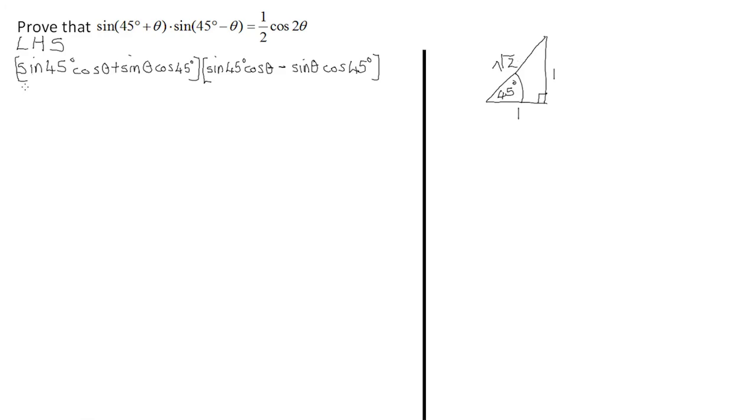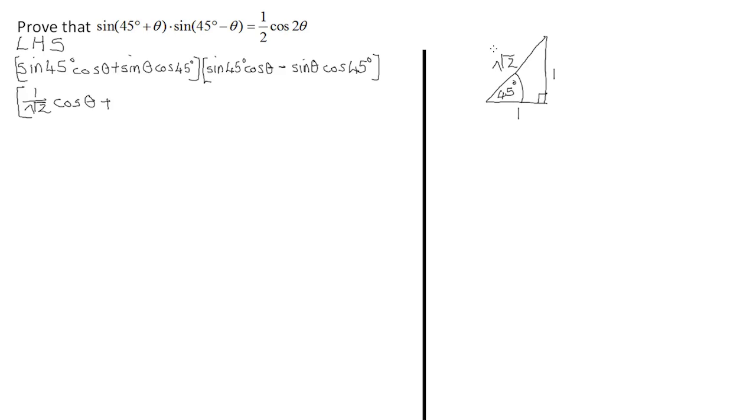Now I'm going to substitute the values of sine 45 and cos 45. This will give me 1 over the square root of 2, because that is what sine 45 is equivalent to, cos of theta plus, what is cos of 45?